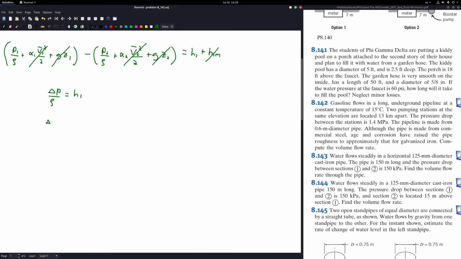What we obtain is that delta P over rho is equal to f L over D times V squared divided by 2.